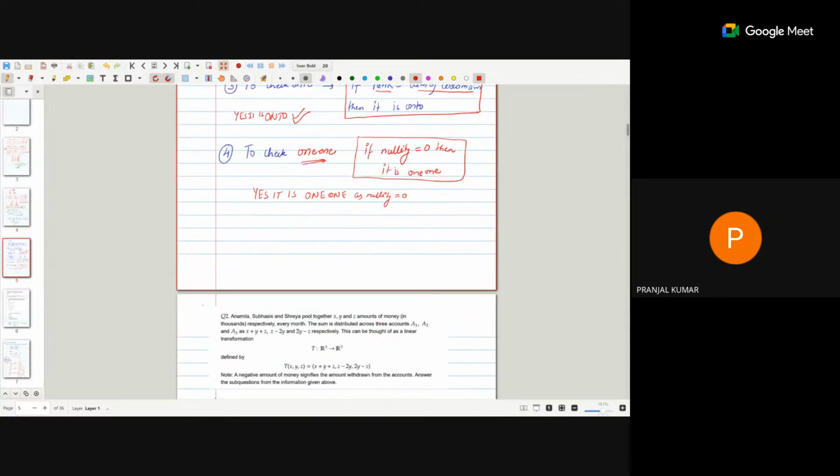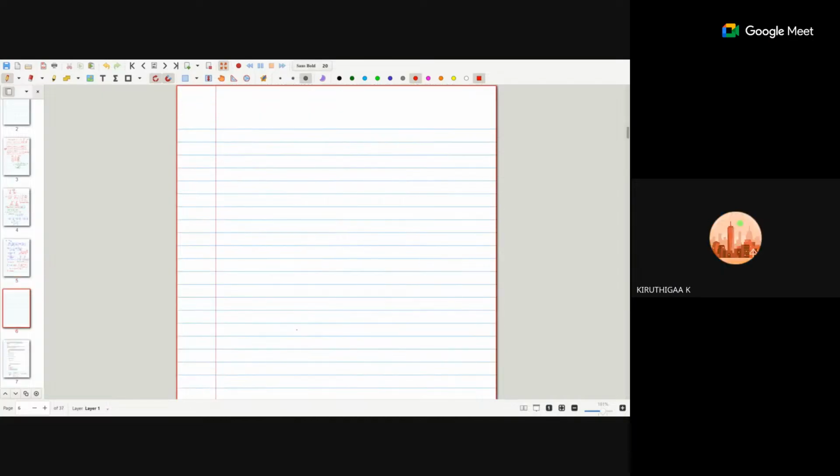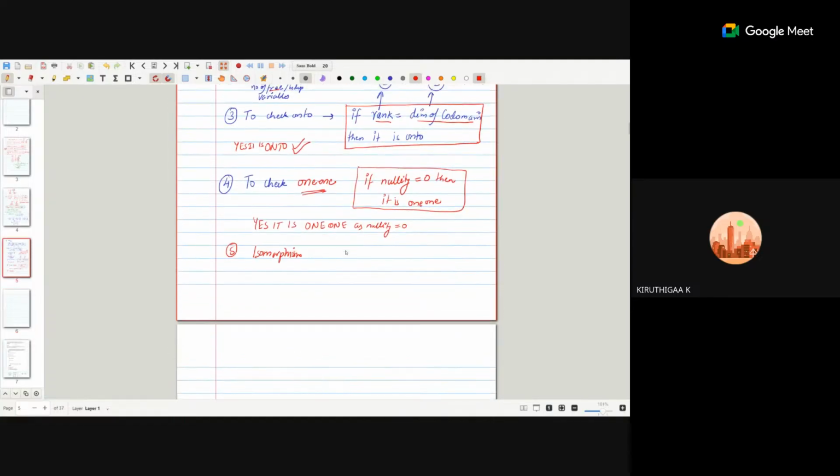Is it an isomorphism? Yes, it is both one-one and onto. R3 is the domain and R is the codomain. So you can see that it is both 1-1 and onto, so you can say that it is an isomorphism.